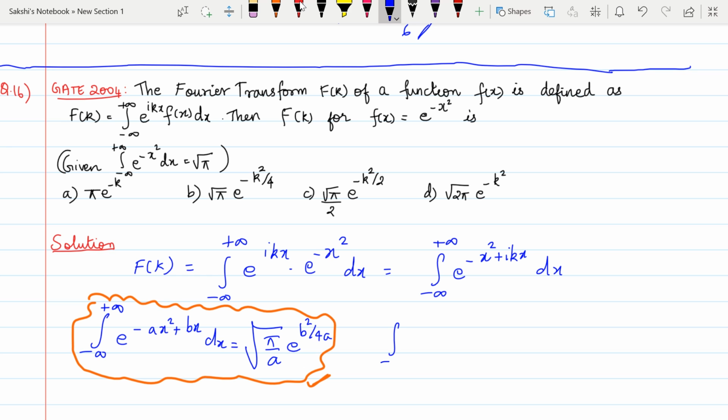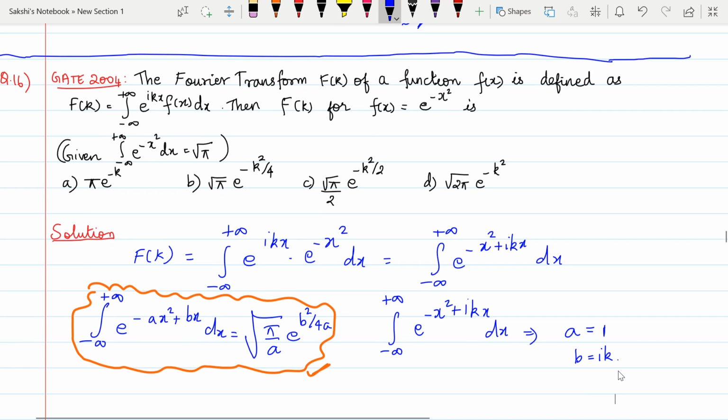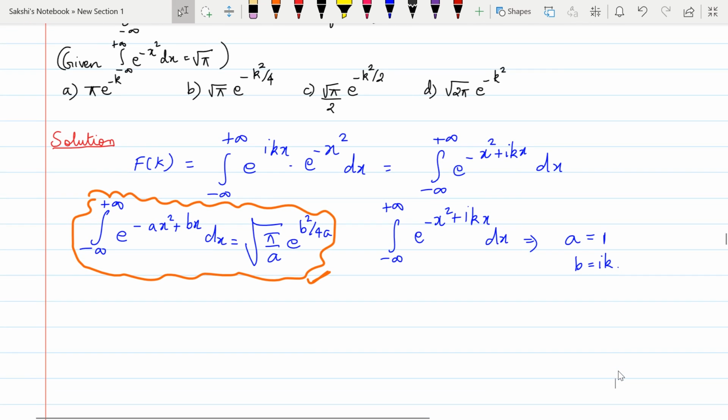So you get the integral from minus infinity to plus infinity of e power minus x square plus ikx dx. Here if you compare with this, you get a to be 1 and b to be ik. Now you're going to use this formula.